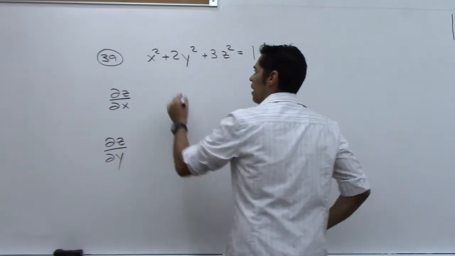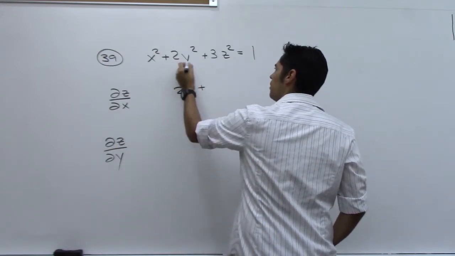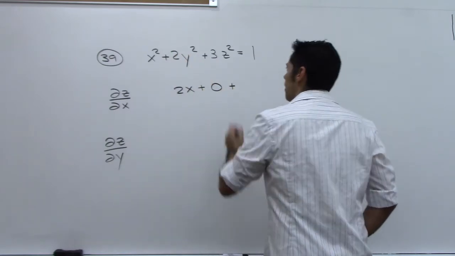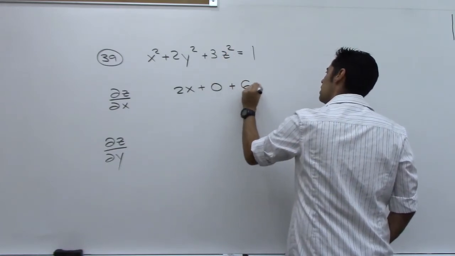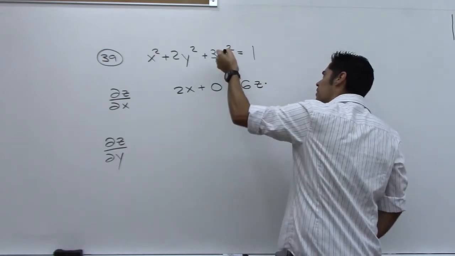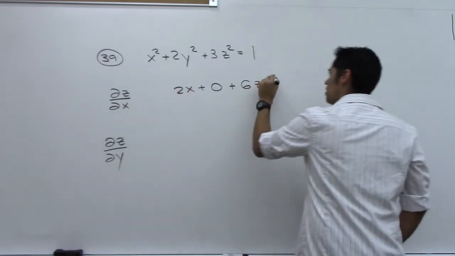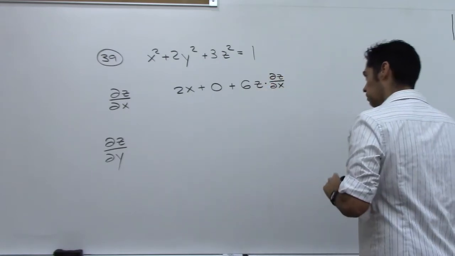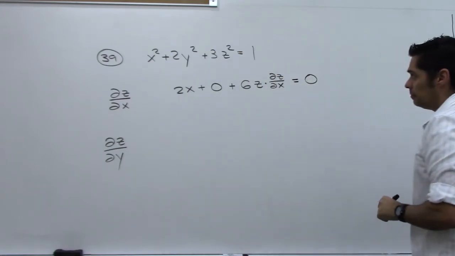So when I do this, the derivative of x squared will be 2x, plus the derivative of 2y squared, since y is a constant, is going to be 0, plus now the derivative of 3z squared. 2 comes out, so 6z, but here's the difference, times chain rule, the derivative of z itself. Now the derivative of z with respect to x is going to be the partial of z with respect to x. And then that's it for the left side. Derivative of the right side, derivative of a constant is 0.